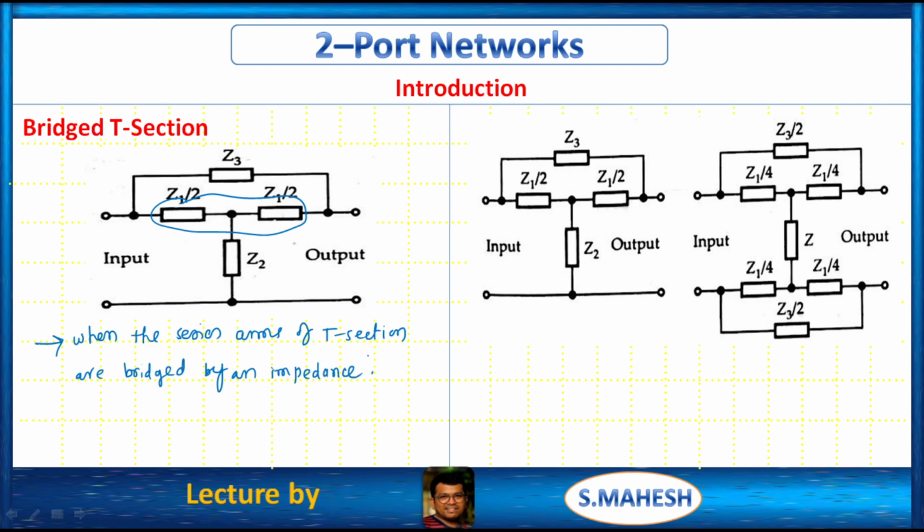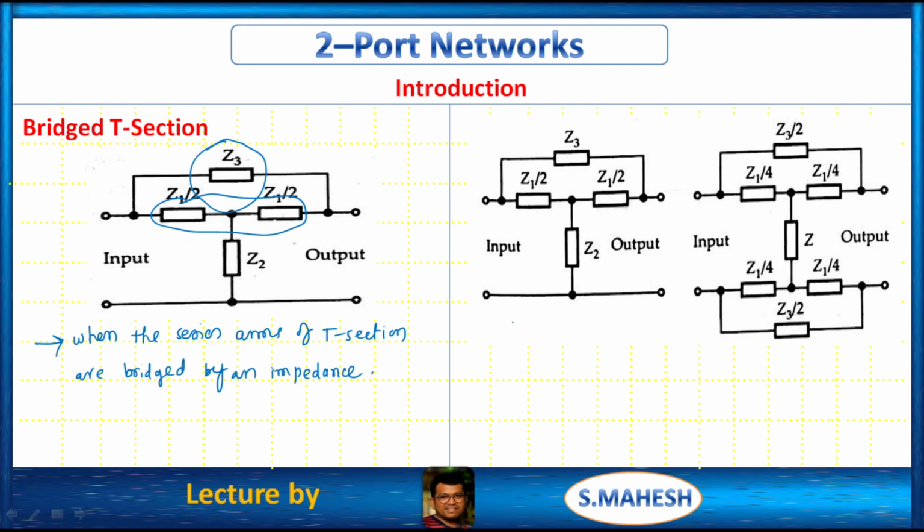Then the section is called bridge T section. Okay, see, by looking at this, which one is symmetrical, which one is asymmetrical? Here the series arms of T section are bridged by an impedance. This is bridge T section.